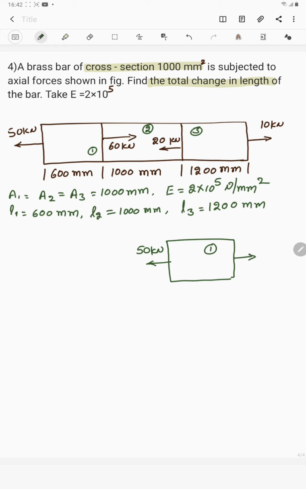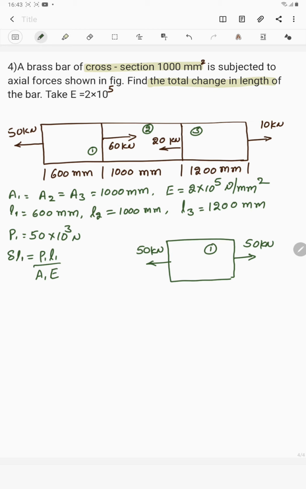The other end should be the same, 50 kilonewtons. Therefore, P1 equal to 50 into 10 power 3 newtons. Then delta L1 equal to P1 L1 by A1 E1. Of course, here Young's modulus remains the same. You put these values for getting the change in length for section 1.